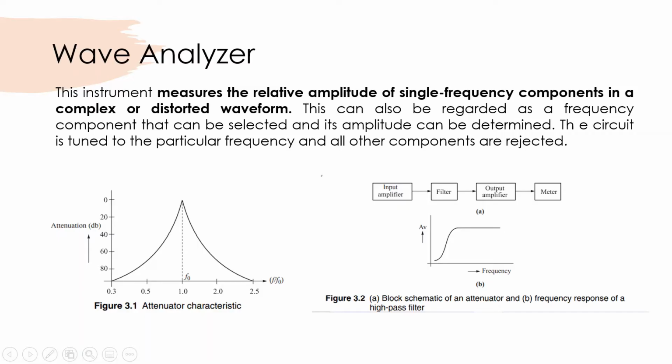In the previous chapter, we already discussed the different types of instruments that are used to generate various waveforms, such as the function generator and waveform generators. To evaluate the quality of the generated waveform, distortion and stability of the output, such as a signal generator, instruments like the signal analyzer are required. There are many types of signal analyzer.